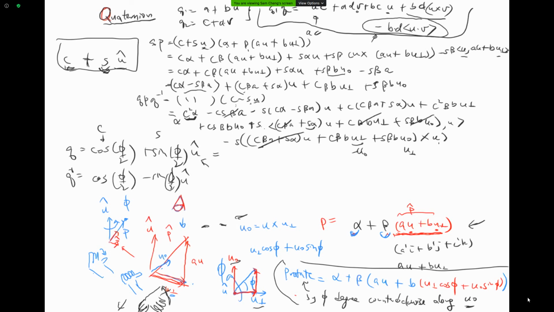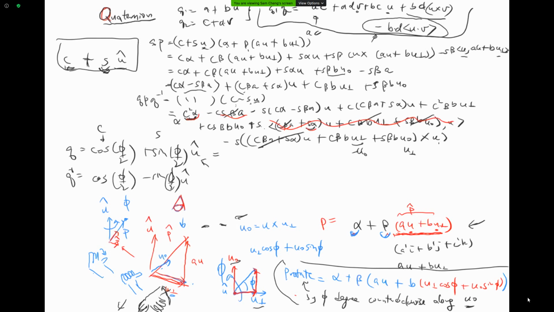Okay, let's see what else I can simplify. I already took care of this term, so this whole thing is kind of done. And then I have U naught here, which is S C beta B U naught.